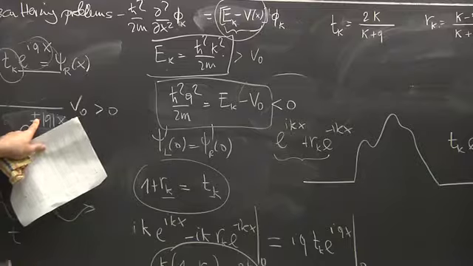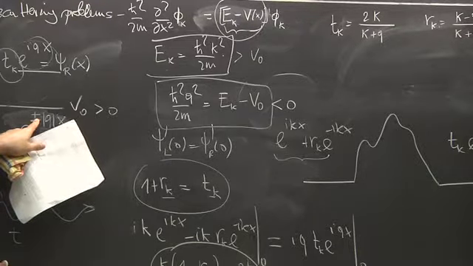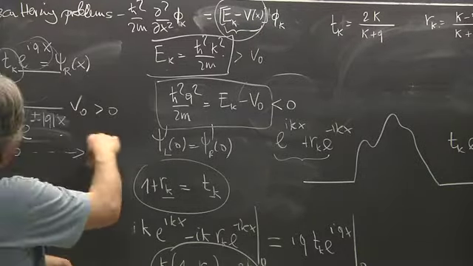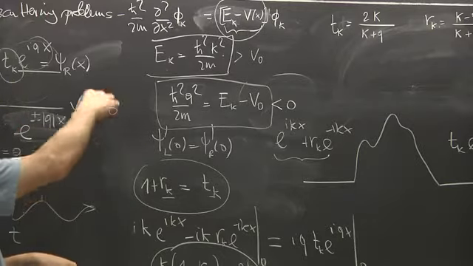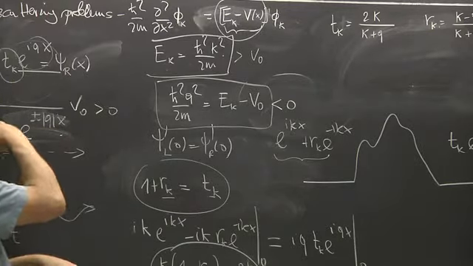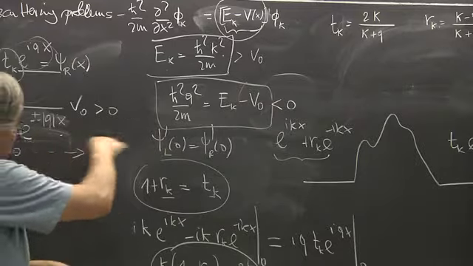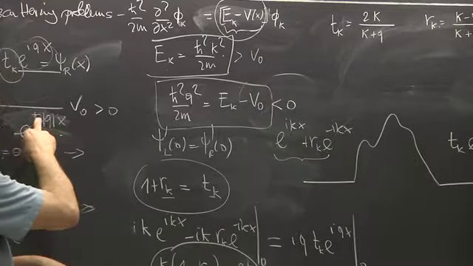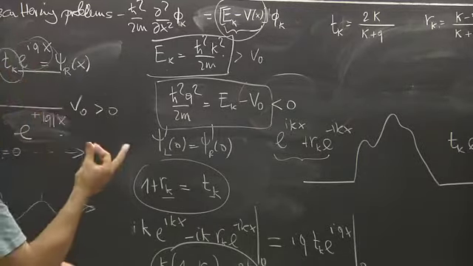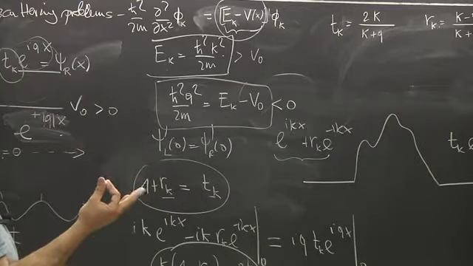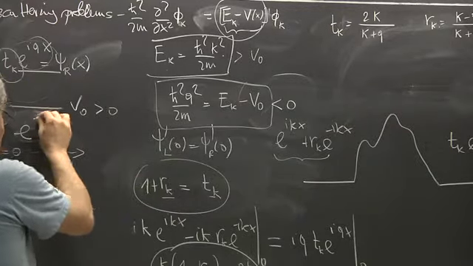So it is very, very unphysical. It tells you that the more you go inside the barrier, with an energy less than the barrier, the more you go to the right, with the plus, you would have more probability of finding the particle. Very, very strange, right? So in fact, totally unphysical.